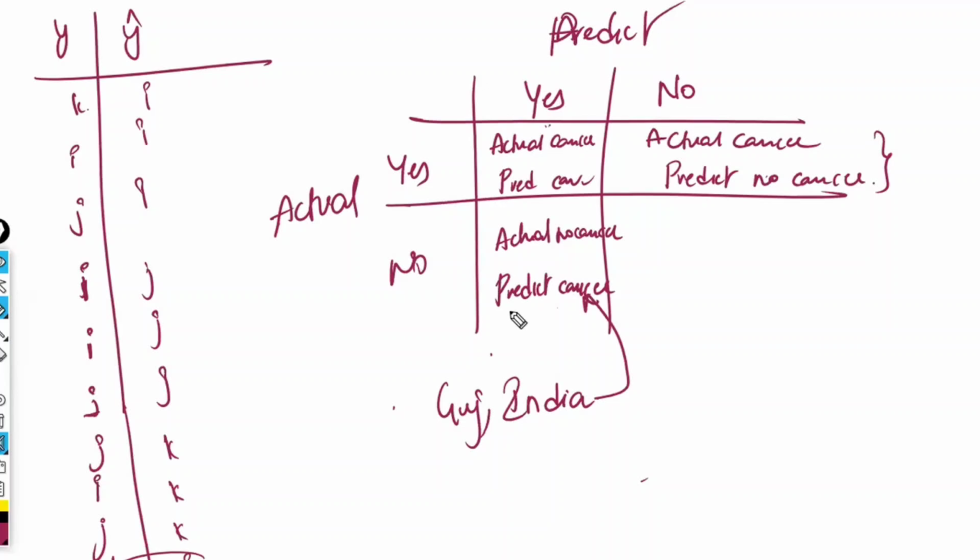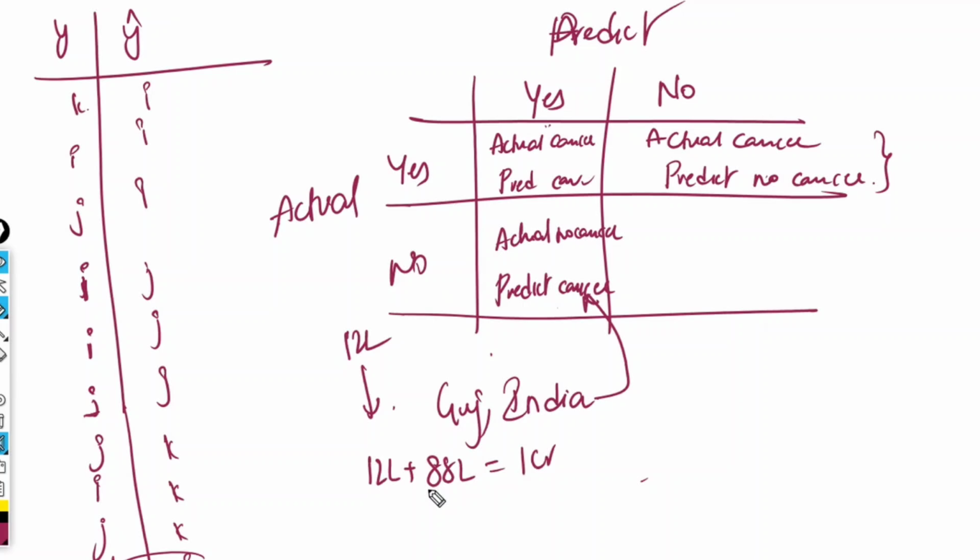He then filed a case in court stating that he does not have cancer, but these people predicted that he has cancer, did chemotherapy and radiation on him, and collected 12 lakh rupees from him. The court gave its judgment: along with these 12 lakhs, you have to pay an additional 88 lakhs. That is 1 crore you have to give him, because you have reduced his age, the period in which he could earn that money.